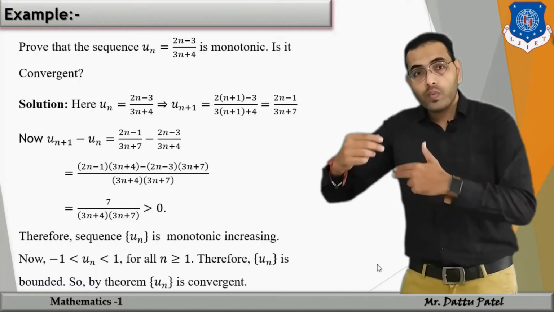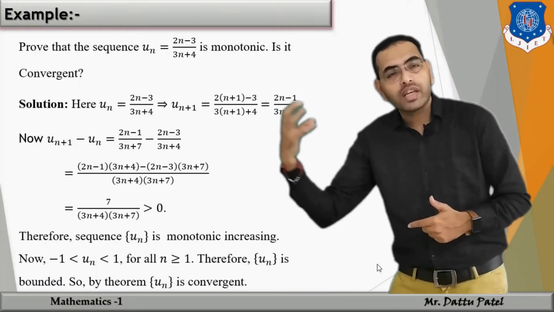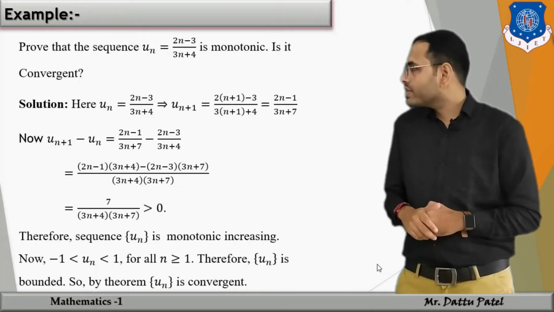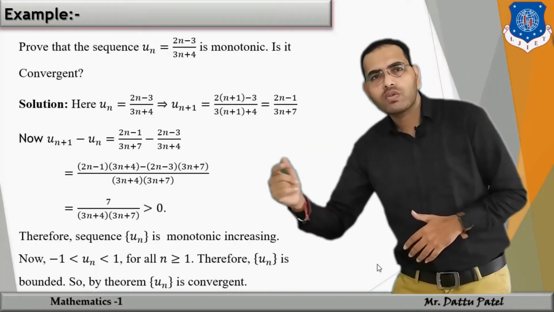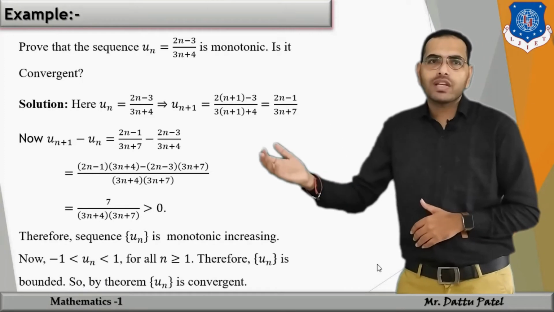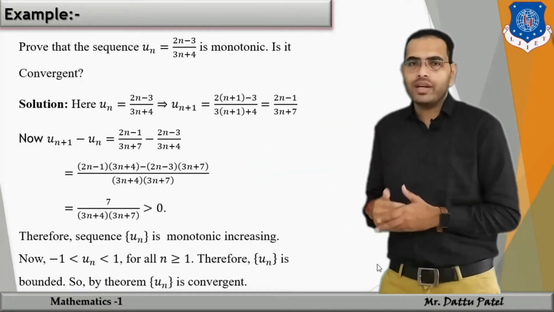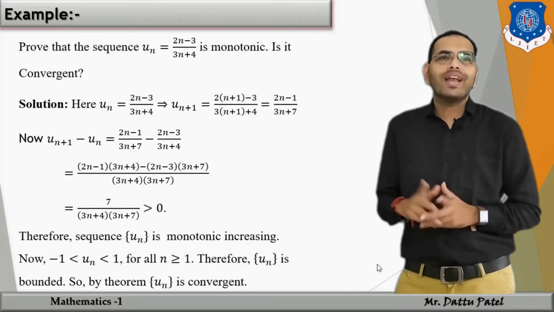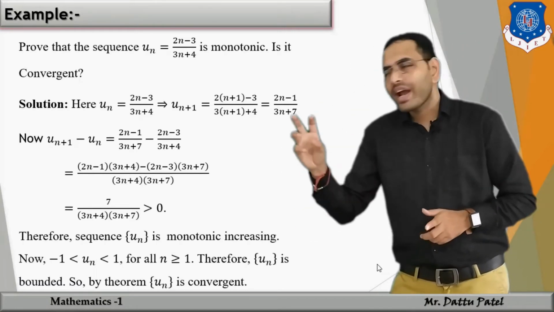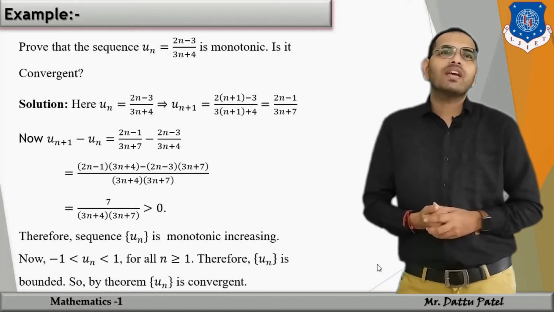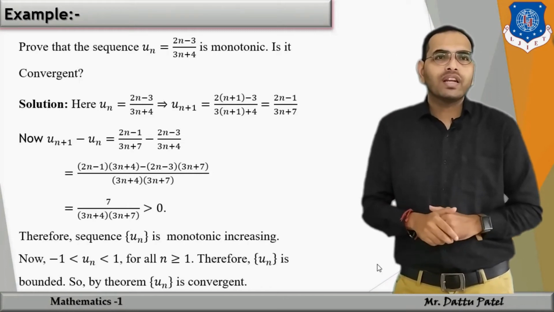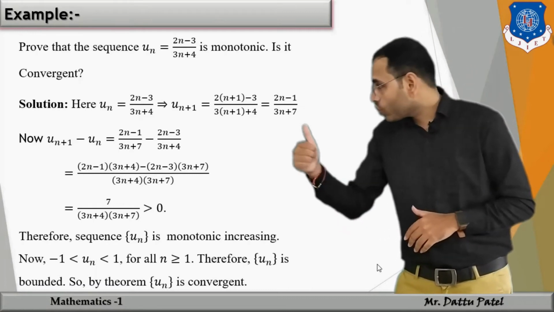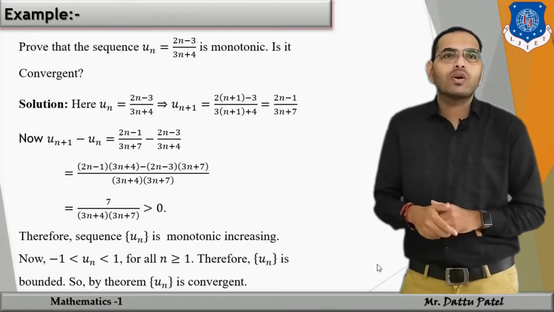Now we have to check whether the given sequence is monotonic or not. That means subtraction of the two consecutive terms, which is u_(n+1) minus u_n. Now substitute the values of u_(n+1) and u_n, cross multiply and simplify it. Then we get 17 upon (3n plus 4) into (3n plus 7), which is always greater than 0.